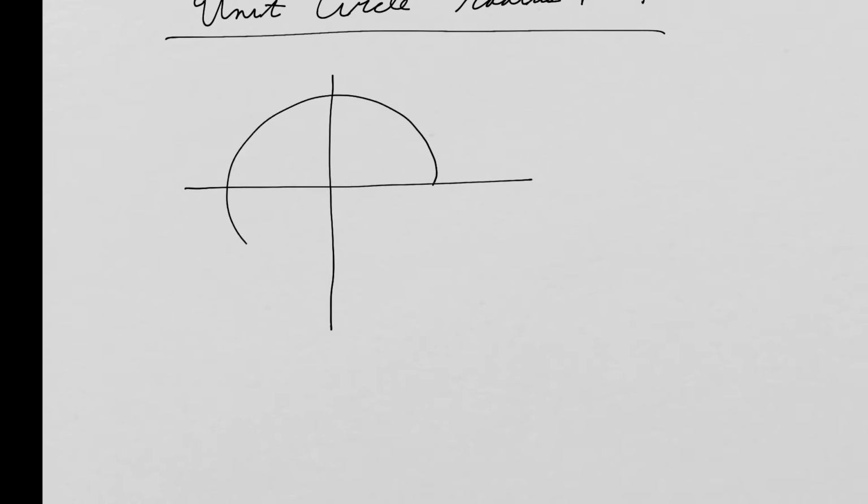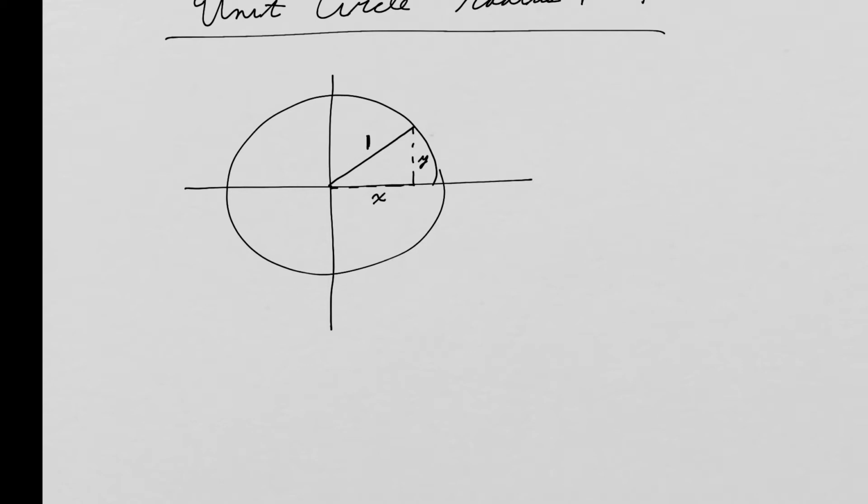It's a special case. So here, let me draw this again. This is now my unit circle, so now this distance is just 1. This is x, this is y.